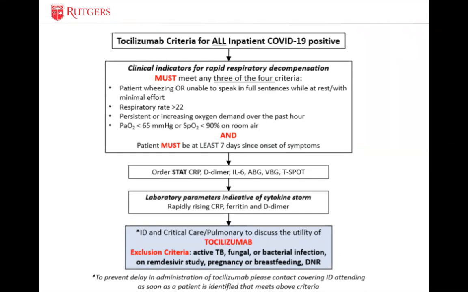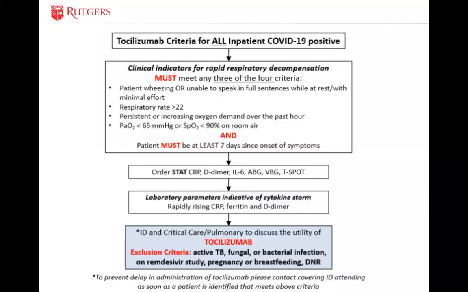The 7 days comes from the idea that if you give tocilizumab too early, you may actually be promoting viral replication, because it's the T cell mediated deficiency that is the problem, and you're having this increased IL-6 production trying to increase your T cell maturation. If you blunt that, you may have worsening infections. So at this point, we don't know the exact time that it's safe to give this, but we're saying at least 7 days from symptom onset.